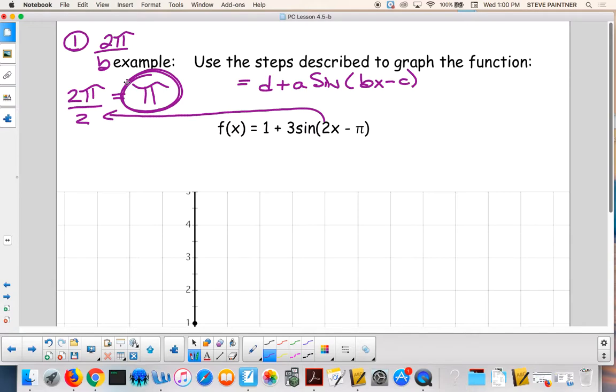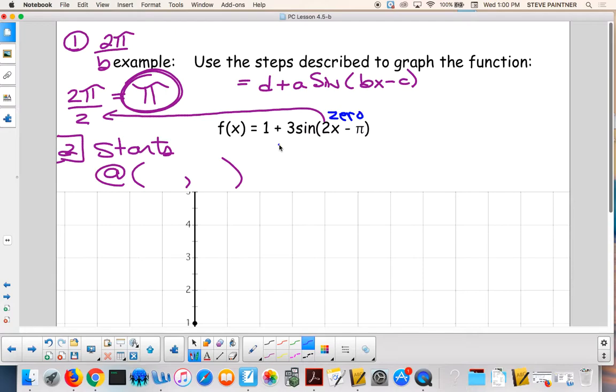Okay? Step 2. Where do you start? Do the work. You know you want this what here? 0. Because you know the sine of 0, don't you guys? Sine of 0 is? You're right, Kyle. Sorry, you're wrong. It's 1, 0, so it's 0. Okay. So here's the deal.